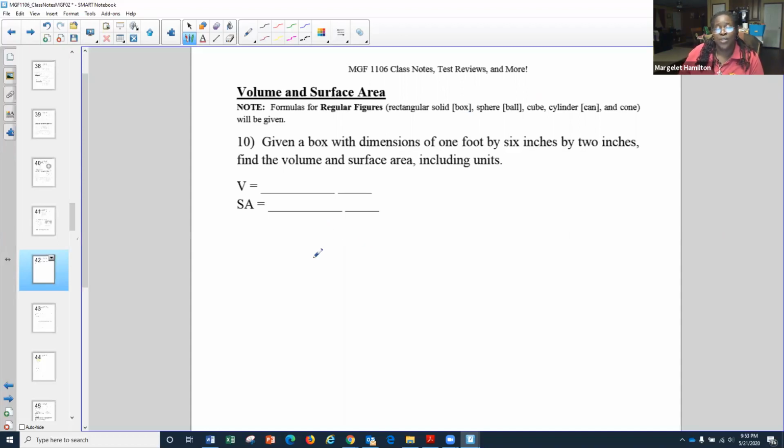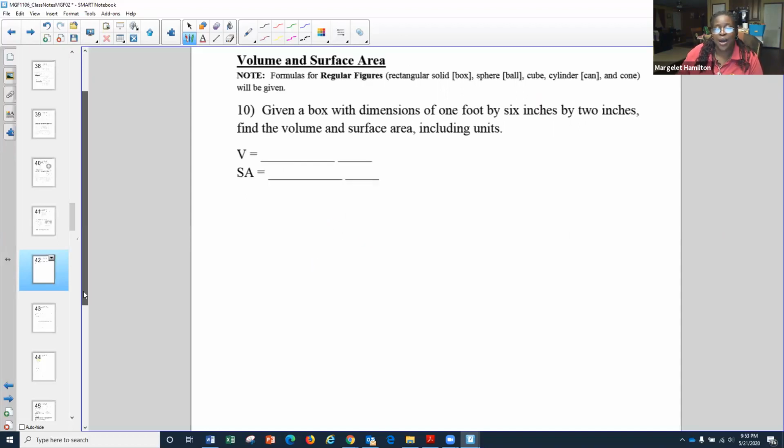So here we go with our first example. It says, given a box with dimensions of 1 foot by 6 inches by 2 inches, find the volume and surface area, including units.